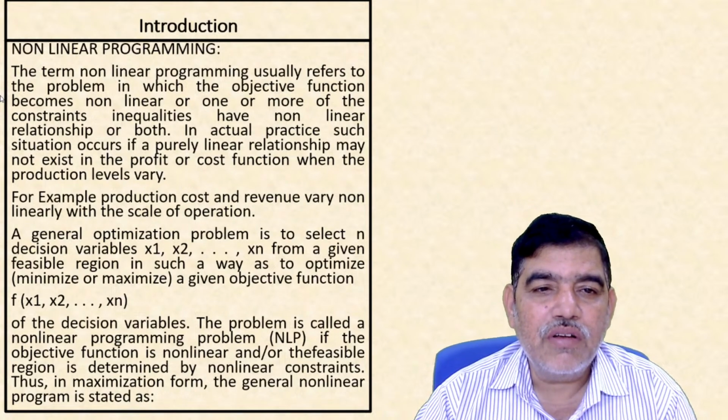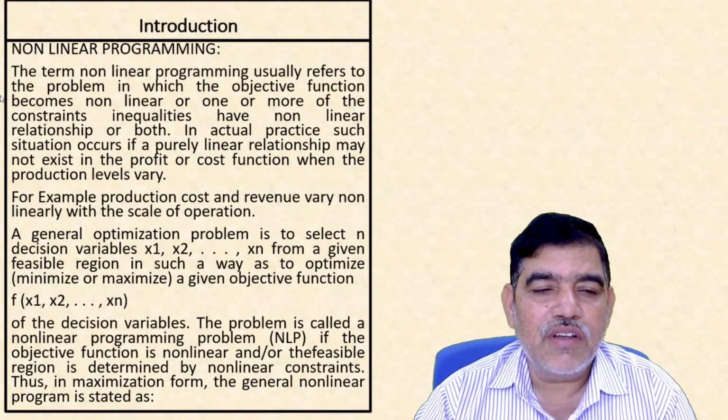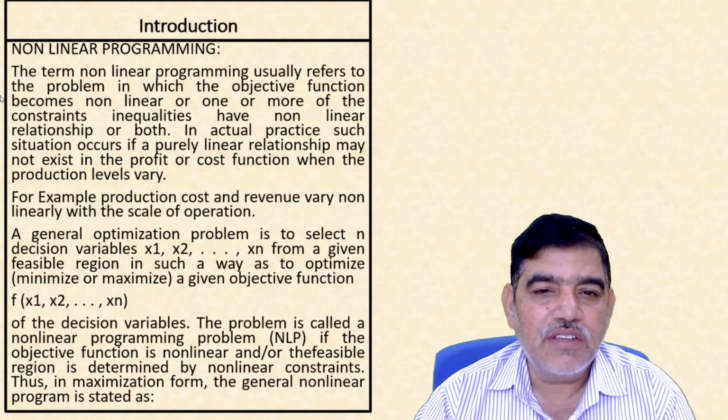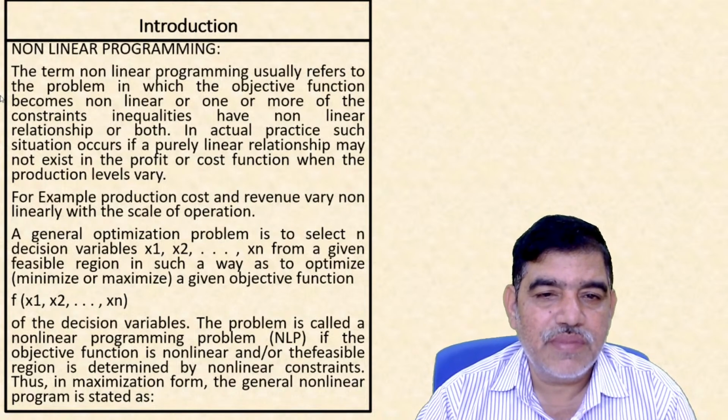Or one or more of the constraint inequalities have a nonlinear relationship. Meaning the constraint equations may also have a nonlinear relationship, or both. In actual practice, such a situation occurs if a purely linear relationship may not exist in the profit or cost function when the production levels are varying.